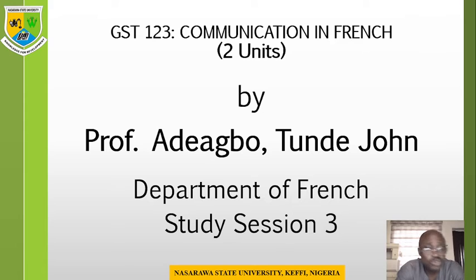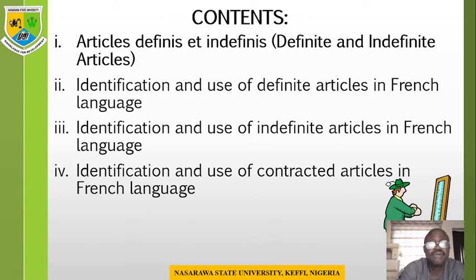Let me welcome you to study session 3 for week 3 of our communication in French, a 2-unit course that is compulsory for you as an undergraduate student. The content now is article défini et indéfini, definite and indefinite articles.